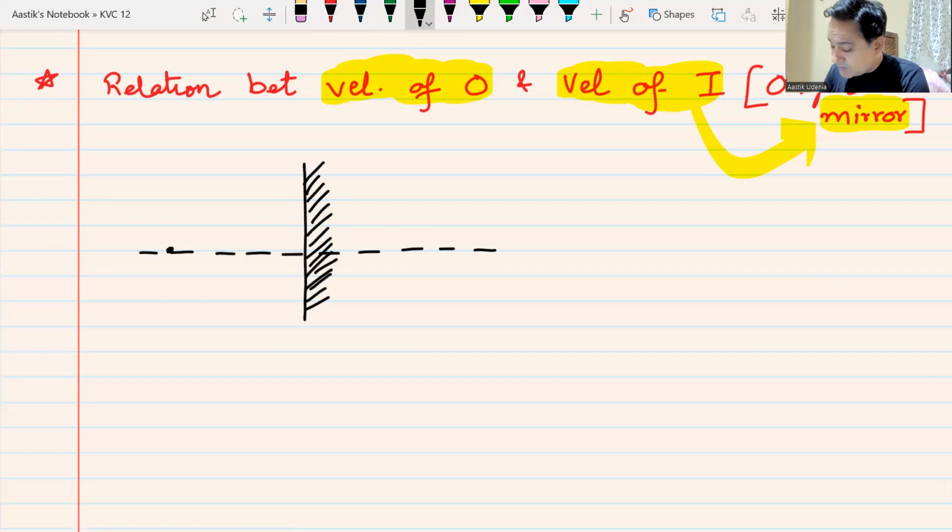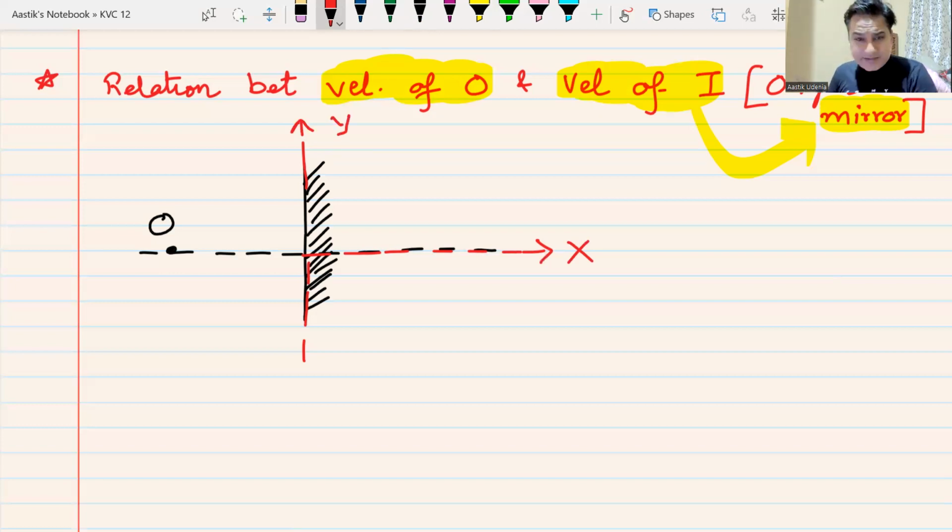The object is placed here. Let us say O. Now remember, if you remember the axis, this is my x-axis. Yes or no? Do you remember this? This is my y-axis, and my z-axis is coming out of the board, which I can't draw here.